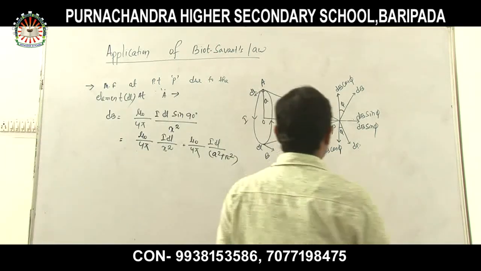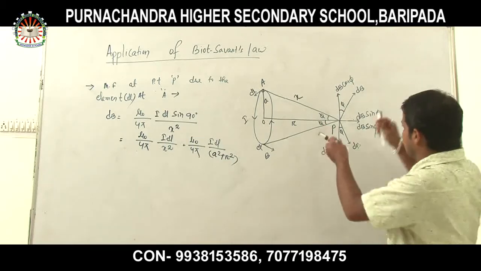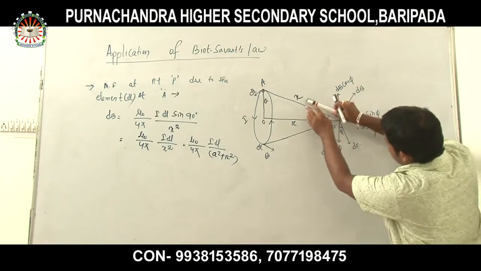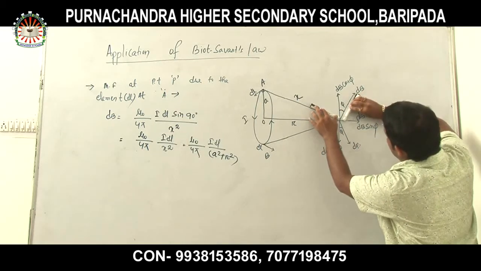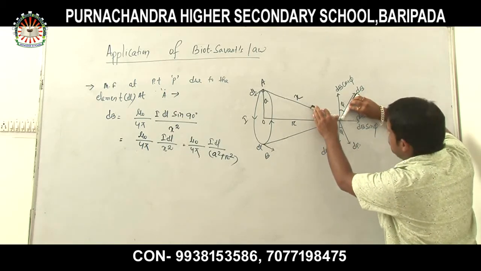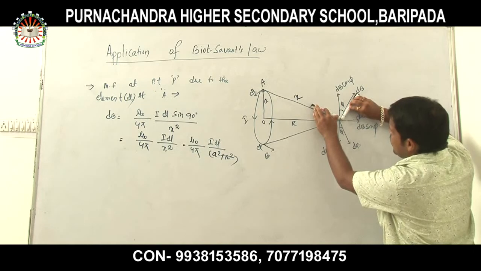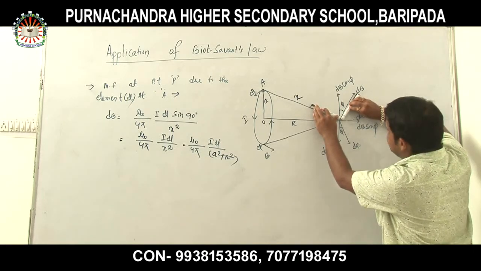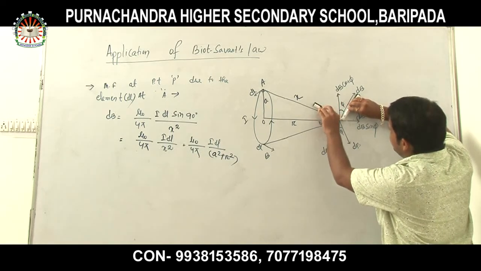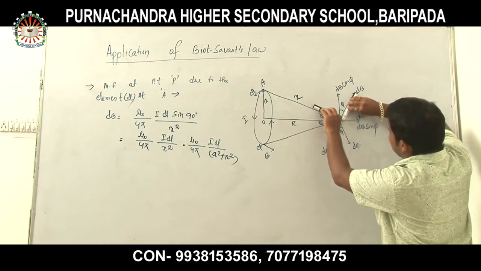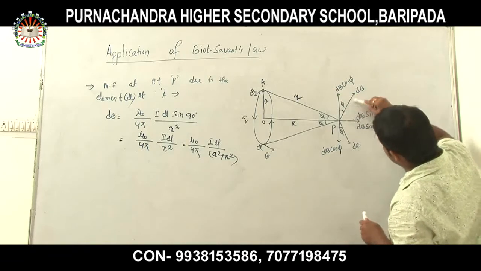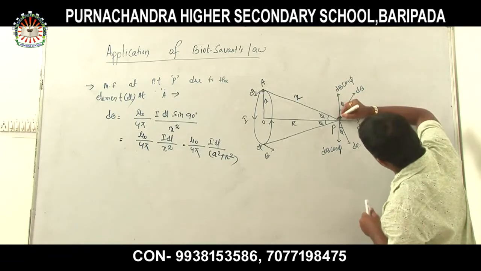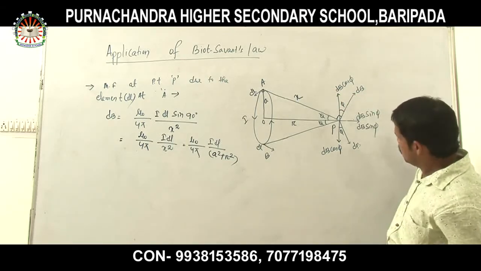So look very carefully. Now look at this. Suppose this is your x and this is your dB. Understood all of you? Look here. This is x, this is dB. Now I have just shifted it by how many degrees? Because this x and this dB, what is the angle between these two? 90 degree.